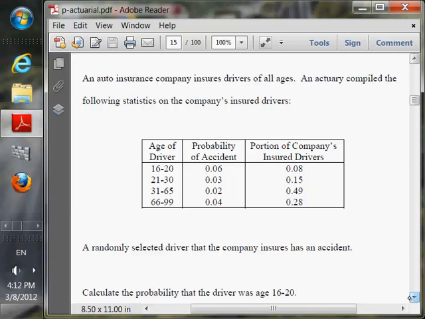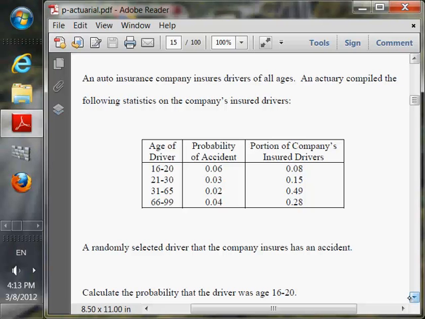Find the probability that a randomly selected driver from the ones that the company insures is between 16 to 20 years of age if that customer has an accident. So automatically, what does the wording "if" mean here? It's conditional.